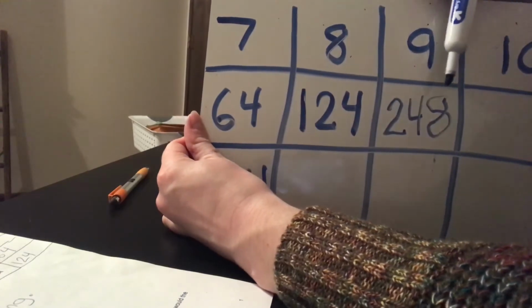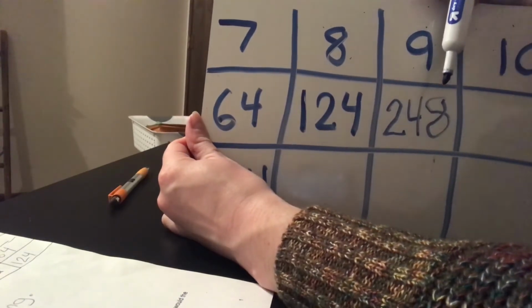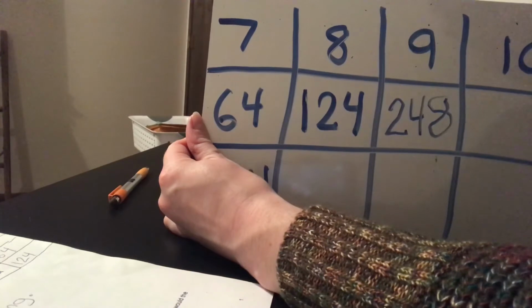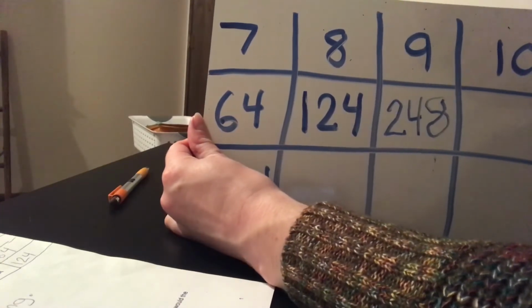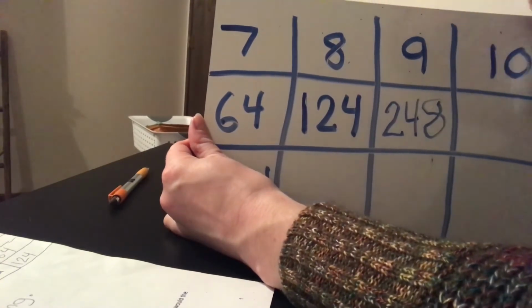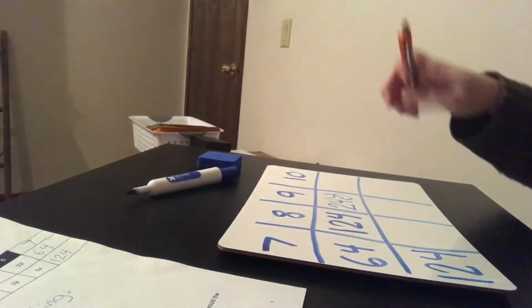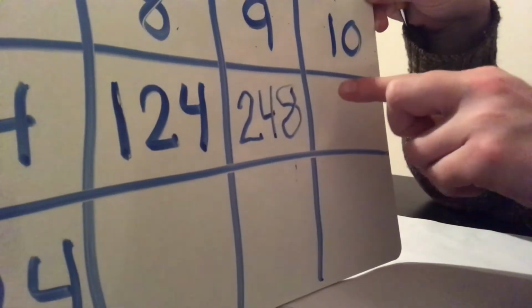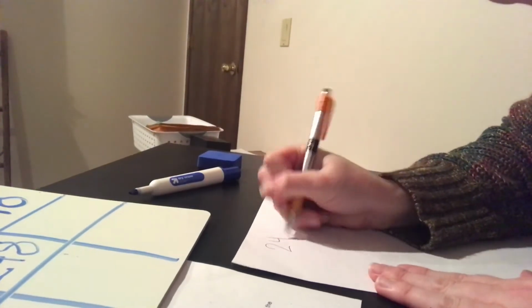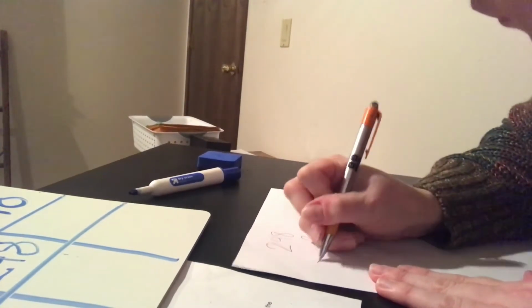So then I have to double this number, 248, to get day 10's area of fungus across the top. I should actually have a piece of scratch paper for the math, but I don't, so I'm going to use the back of this paper. I had the number 248 for day 9. I need to double that. So 248 times 2.